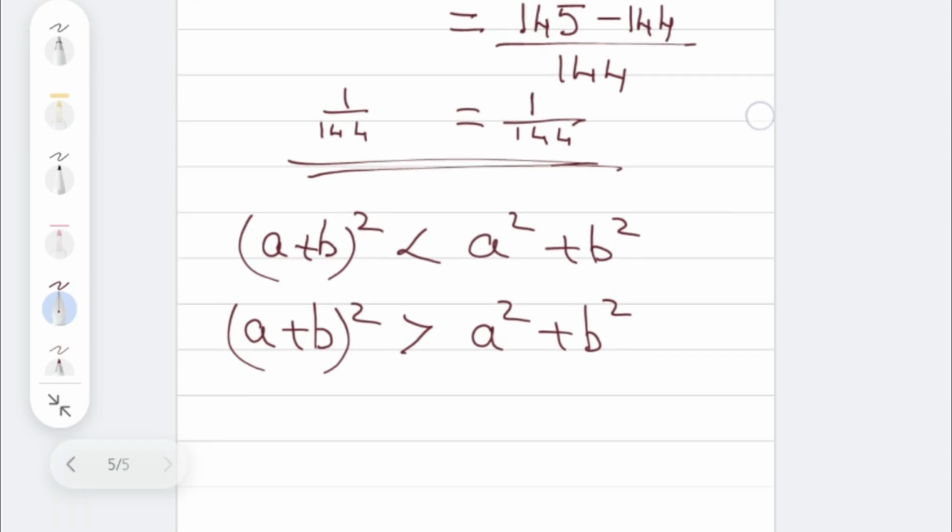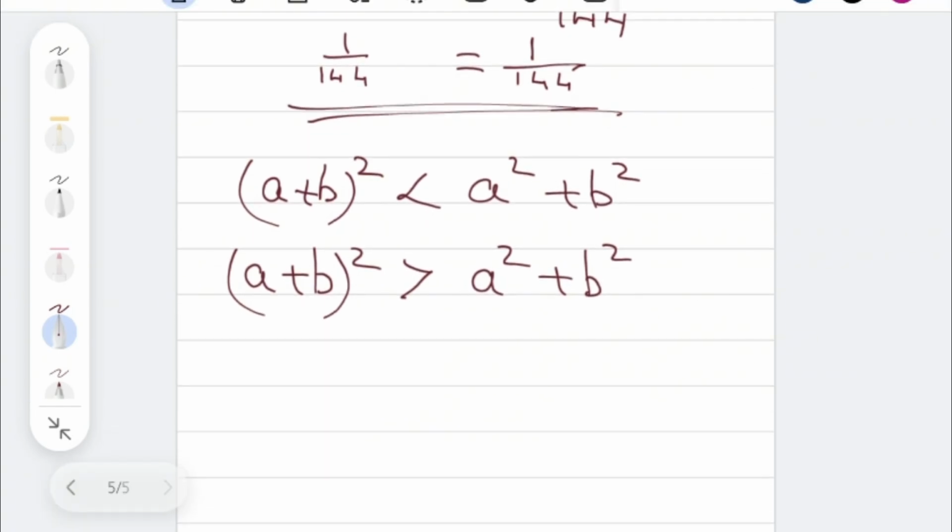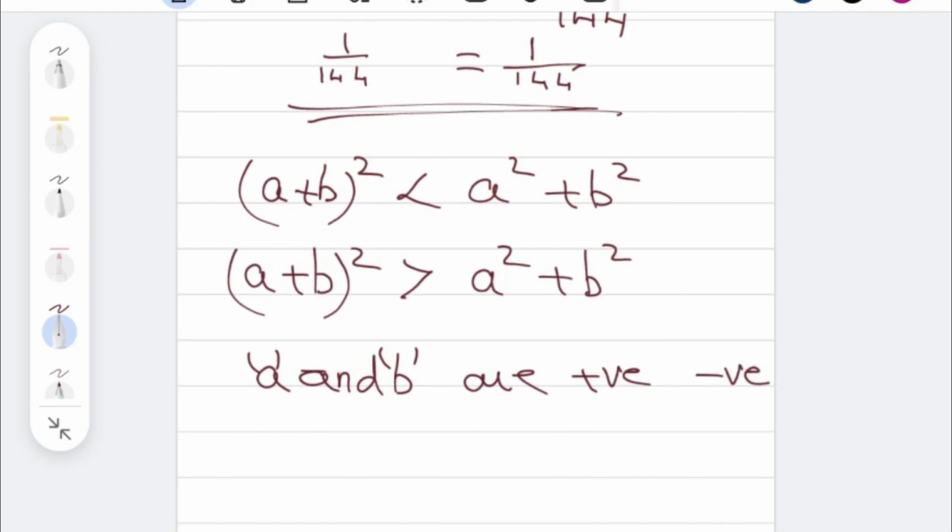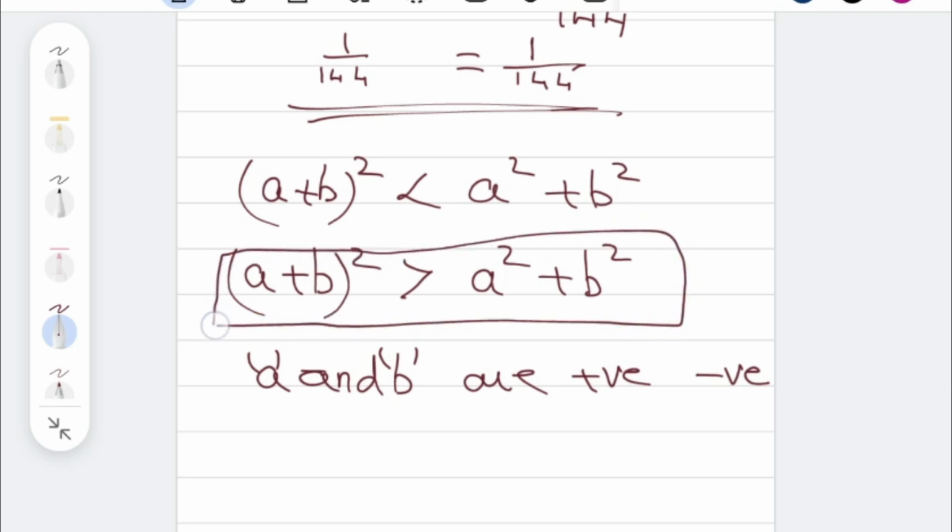I will tell you: if a and b are both positive or both negative, then a plus b whole square is greater than a square plus b square.